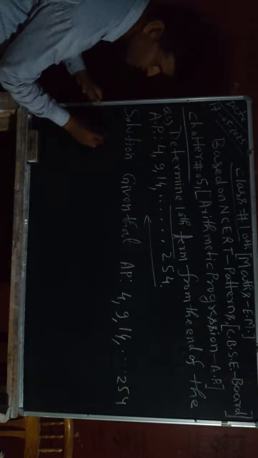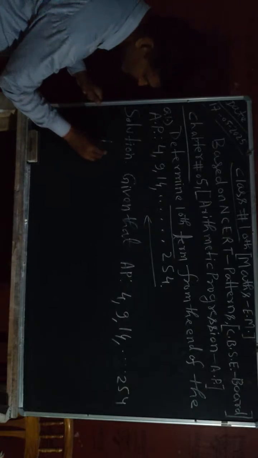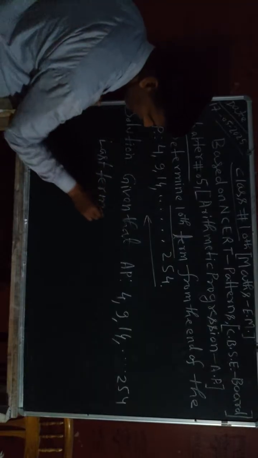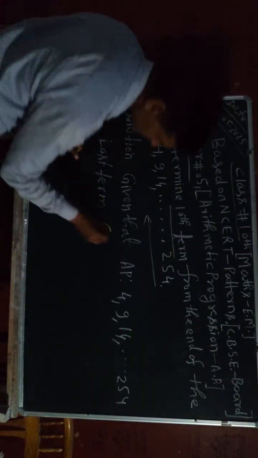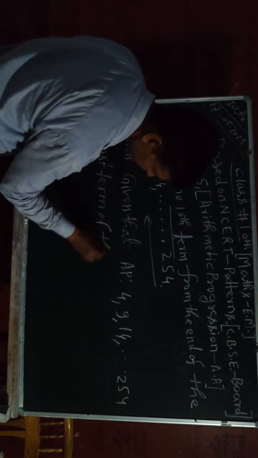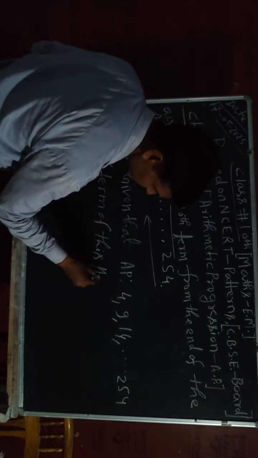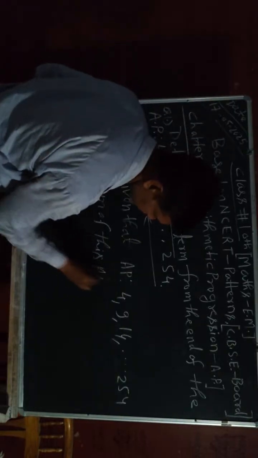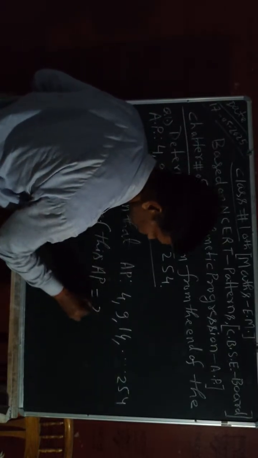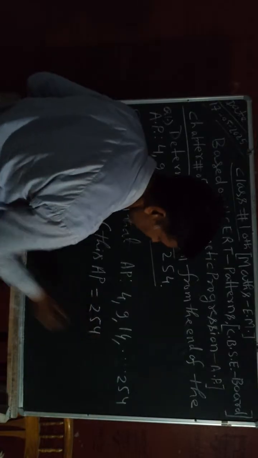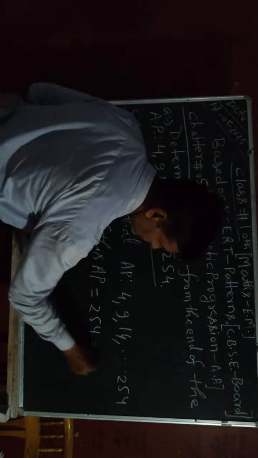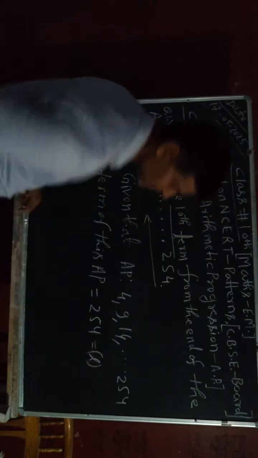Here I will say the last term of this AP, arithmetic progression, is 254, and that last term is denoted here by l.